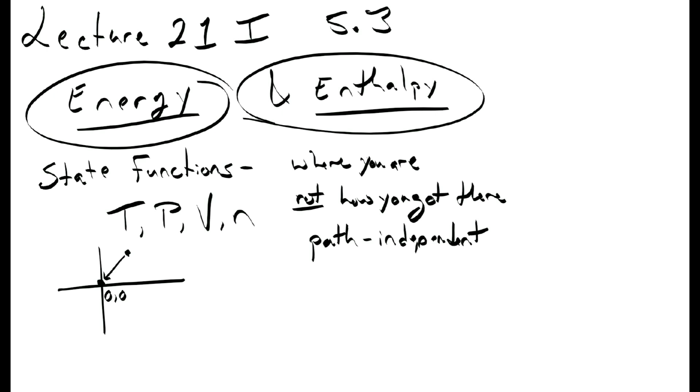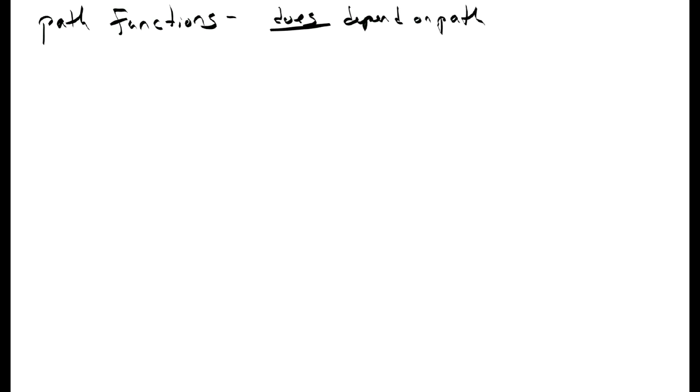Now, the alternative to state functions is path functions. Okay, a path function does depend on the path. So it's not simply a matter of where you are. It is a function of how you got there. So some examples of path functions would be distance traveled.